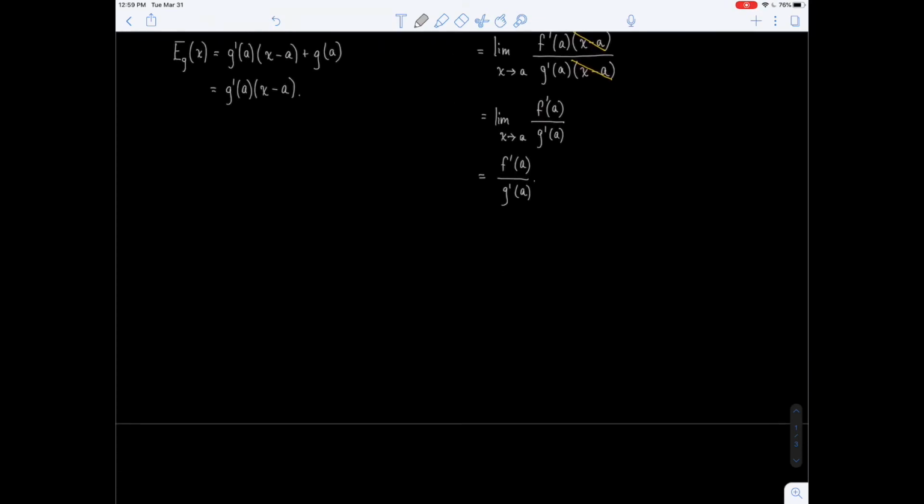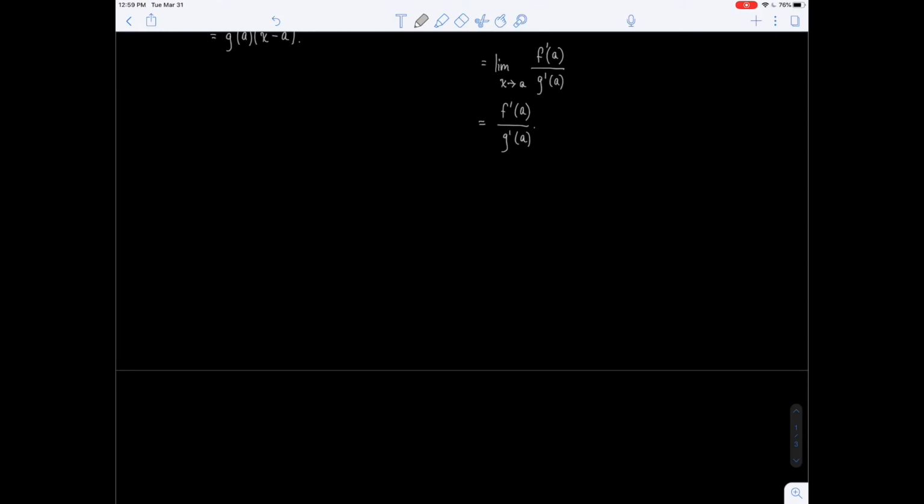And that was this. Recall when we were finding the derivative, so I'll write this: the derivative with respect to x of sine of x.